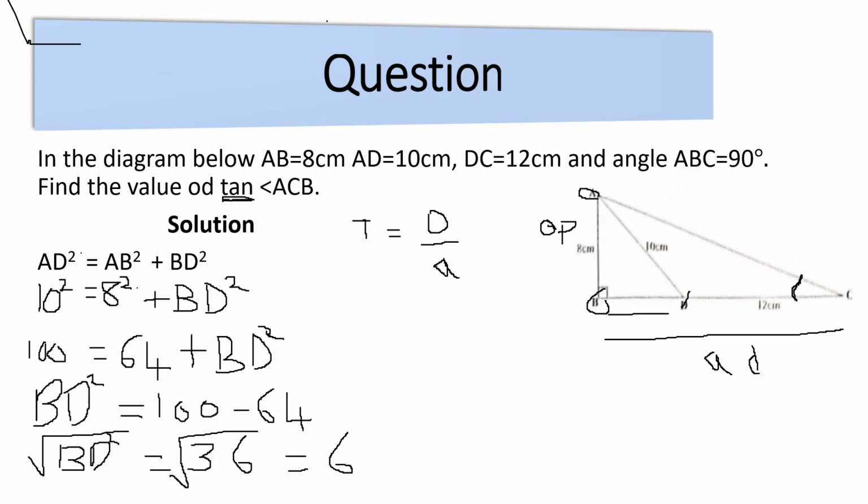Therefore, our tan theta, which is angle ACB, will be equal to the opposite, which is 8, over 18.